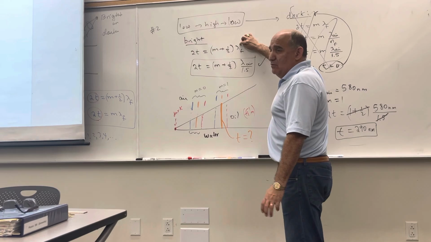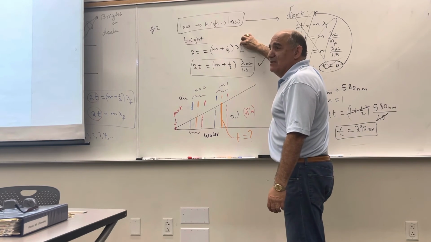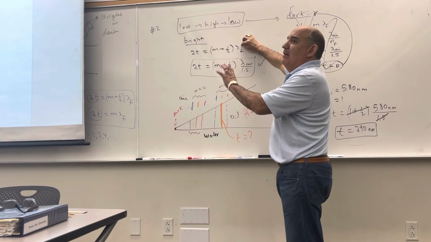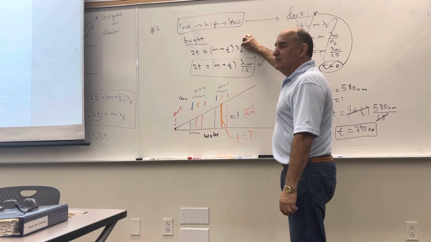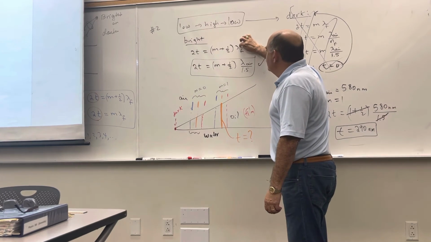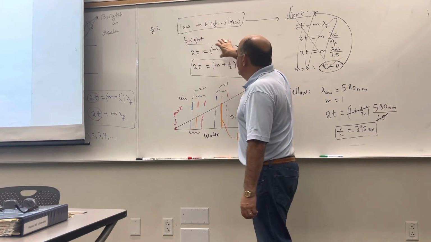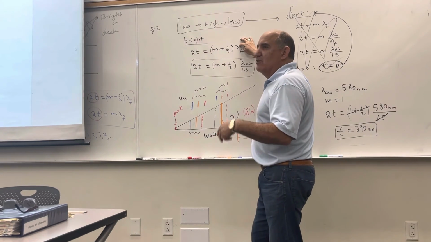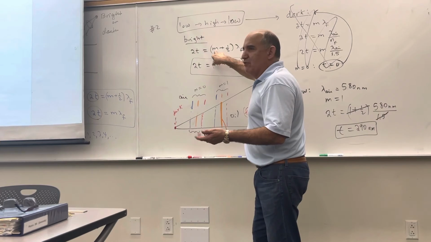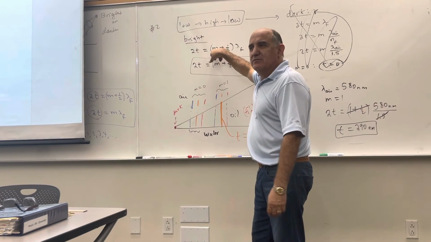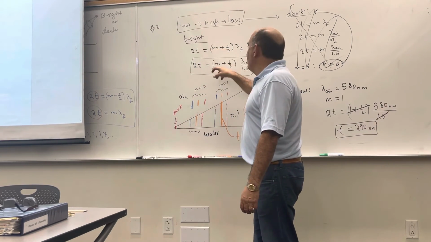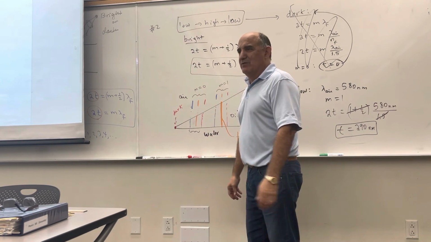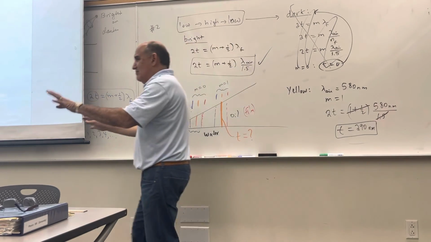So usually, when people make mistakes, they forget. They use the wavelength of the light in air, not the one in the film, unless the film happens to be air. But if you use the correct formula, then you get some points. If you use the correct value of lambda, you get some more points. And if you use the correct value of m, then you get full credit for that question. But if you start off with the wrong formula, I can't really help you. That was just wrong.